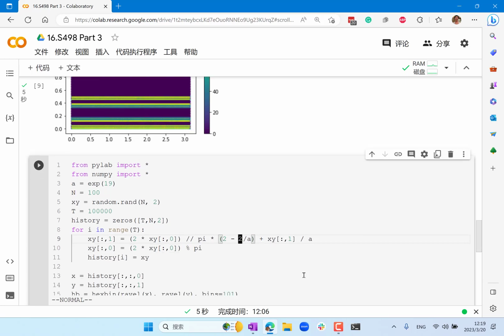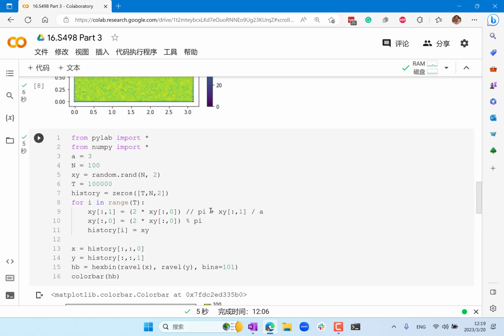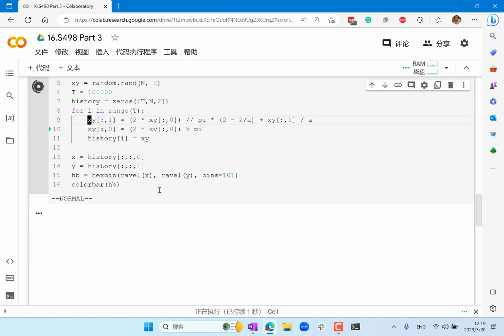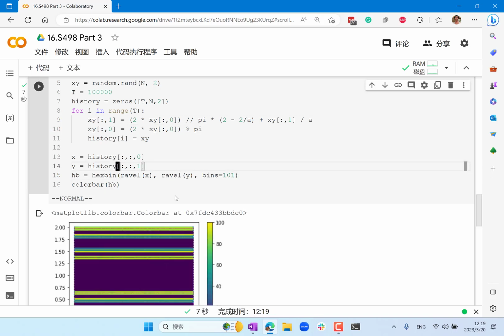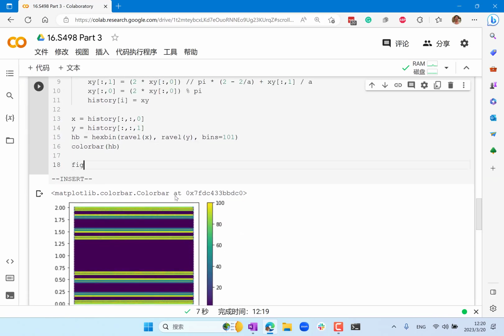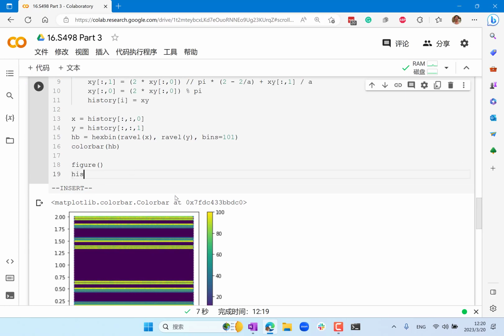So that is going to get us the whole range. And let me also make another figure and do a histogram of y.